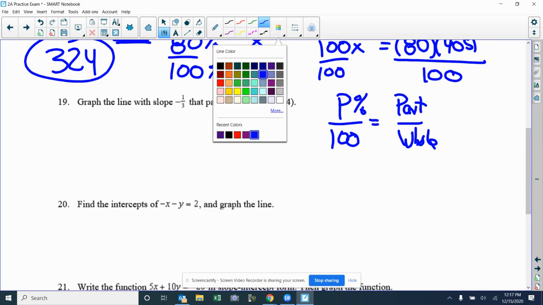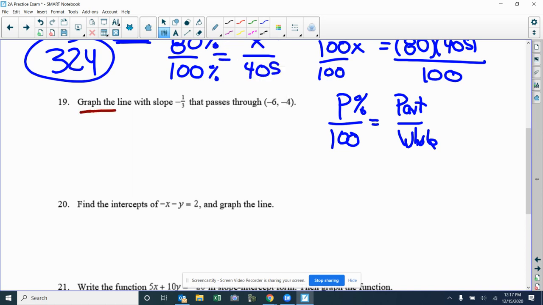All right, onto a graph now. We're going to have a little Cartesian coordinate system. Of course, you'll have 4 graphs to choose from. Graph a line with a slope of -1/3 that passes through -6, -4. So -6, 1, 2, 3, 4, 5, 6, -4, 1, 2, 3, 4.